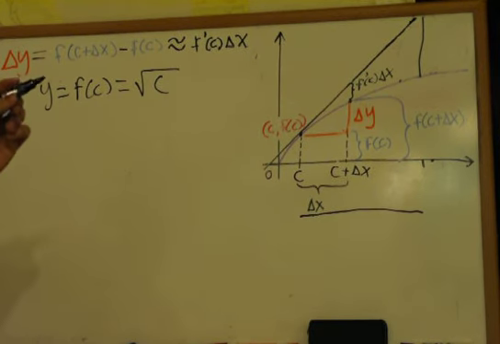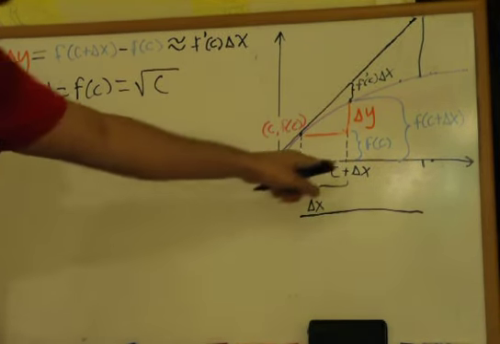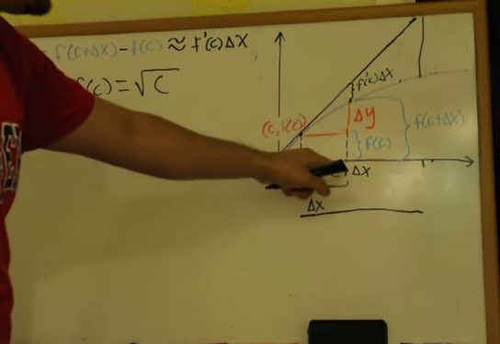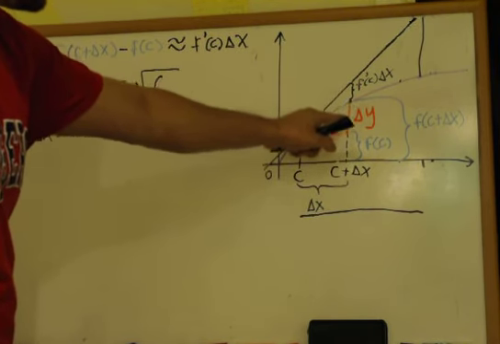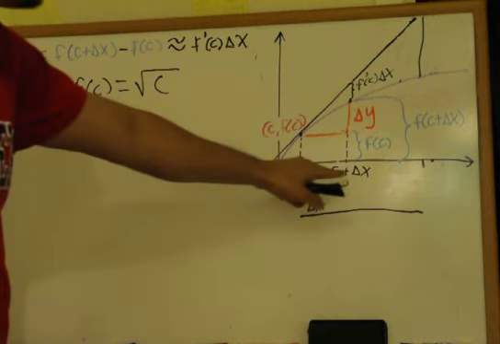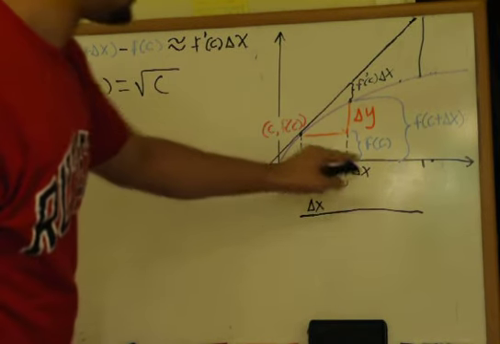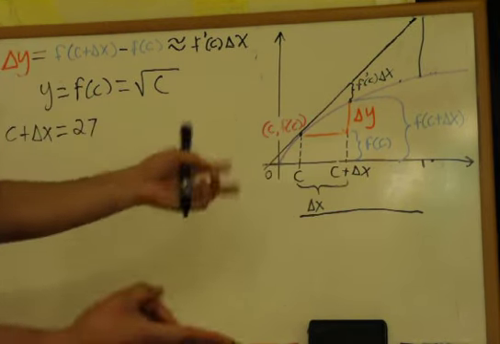Okay, so now our actual value, we can say c plus delta x is equal to 27. This is the value that we're trying to approximate, like I said before. We try to find this y value that corresponds to this value here, and this value is 27, so on the 27 as x.